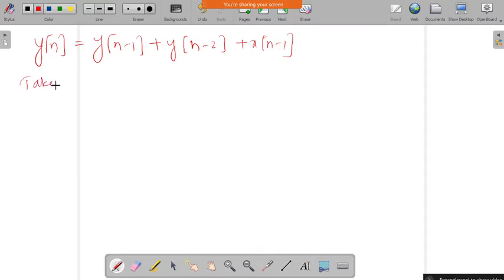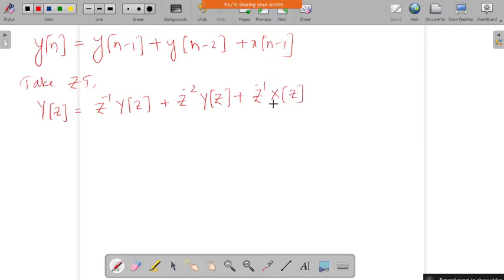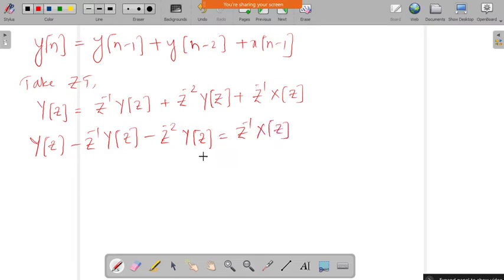So take Z transform on both sides. Okay, so now take the y of z terms to the left side: y of z minus z inverse into y of z minus z power minus 2 into y of z, which is equal to z power minus 1 into x of z.